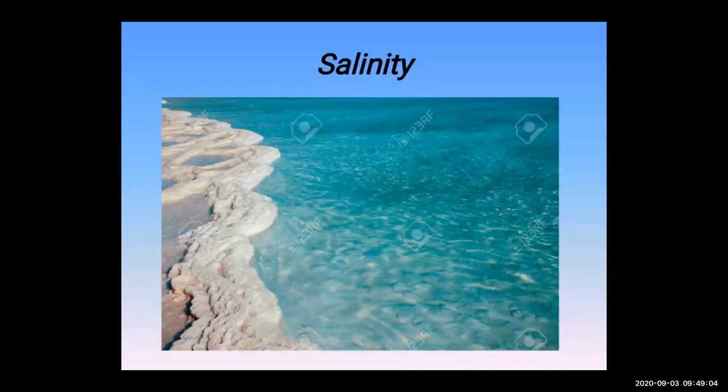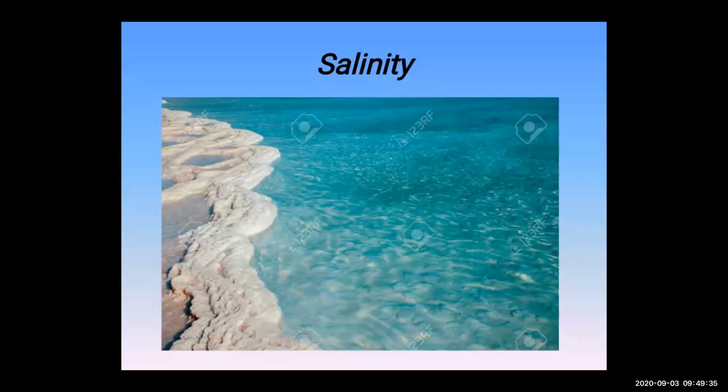Salinity is the saltiness or amount of salt dissolved in a body of water, called saline water. And salinity is usually measured in grams of salt per kg of seawater.